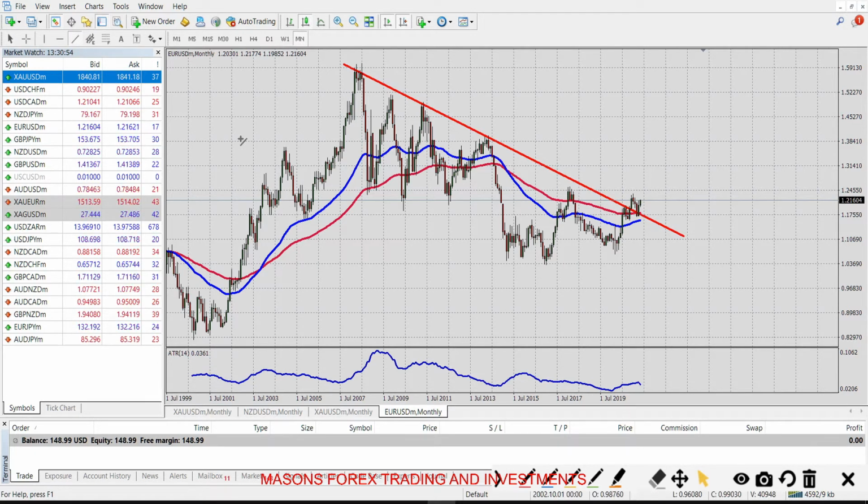So I've drawn that line to place it in a channel. It just gives us a pattern of how price moves. So if you look at it here, there's a repetitive pattern, or there is something which is repeating itself.